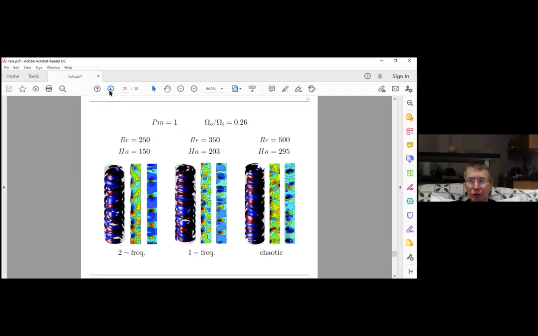And here are just some sample solutions showing some of the things that she did. This is also the case where we did this interesting dynamo calculation, where we asked, what happens if you take one of these solutions that you get by having an externally imposed magnetic field, and then switch off that externally imposed magnetic field? Can you still maintain some sort of turbulent dynamo solution, or would everything just collapse back to the purely laminar basic state?